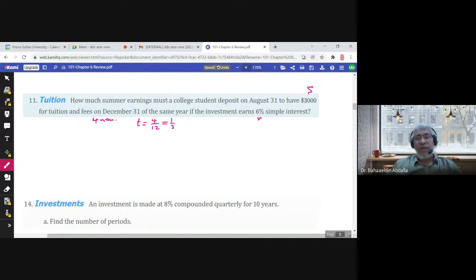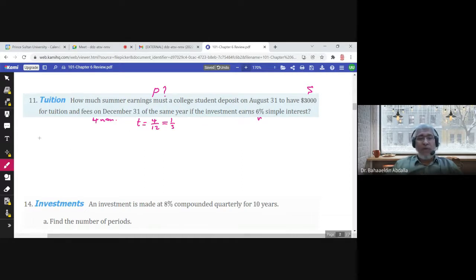So how much summer earnings must a college student deposit on this date? He's asking about P, that's the principal. So what is the principal needed to have $3,000 on this date?